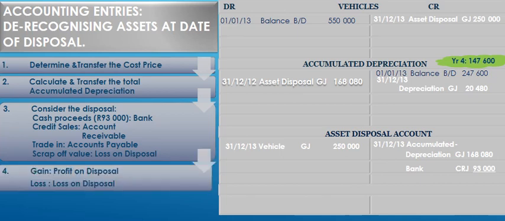The last step on the disposal will be to determine whether the business is making a gain or a loss. That will be determined by balancing off the asset disposal account. We will therefore close and balance off the asset disposal.